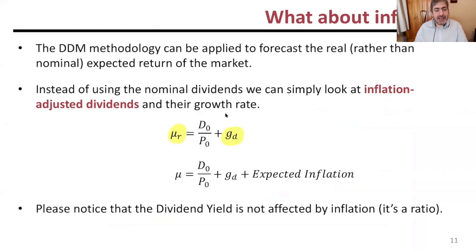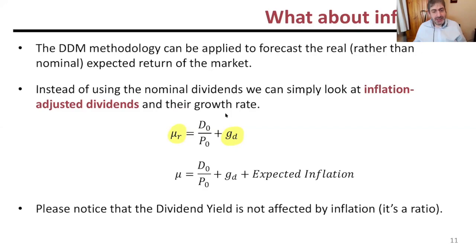Now, funnily enough, the dividend yield doesn't change with inflation because it's a ratio between two numbers. Even if you take the ratio with or without inflation, being a ratio of two numbers, it doesn't change, okay? But if we measure the historical growth of real dividends, that will give us the expected return in real terms.